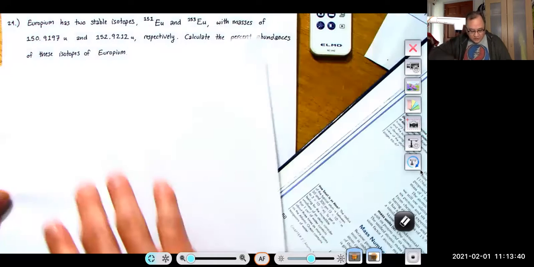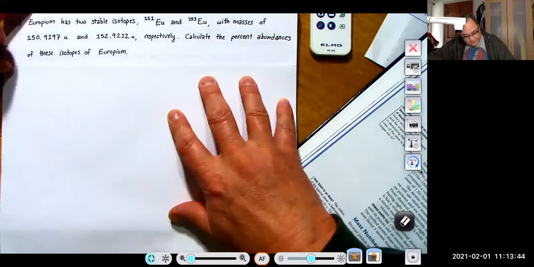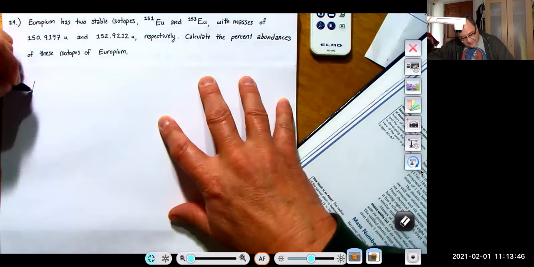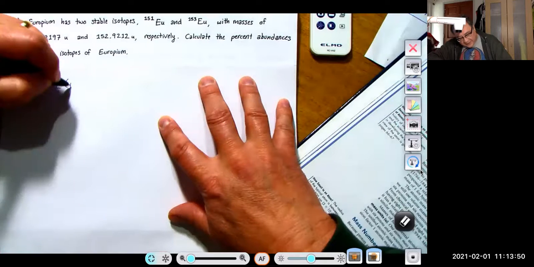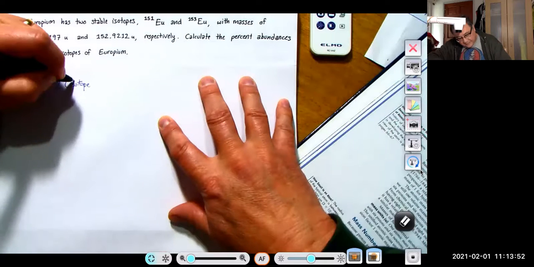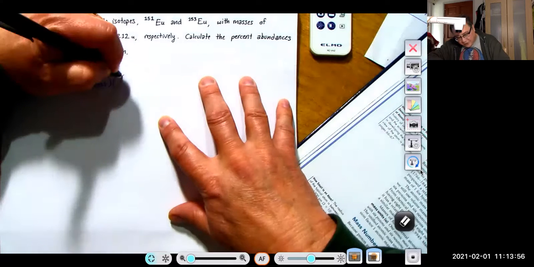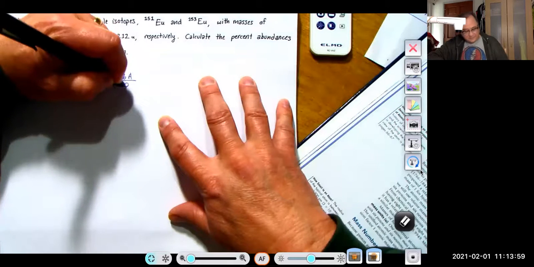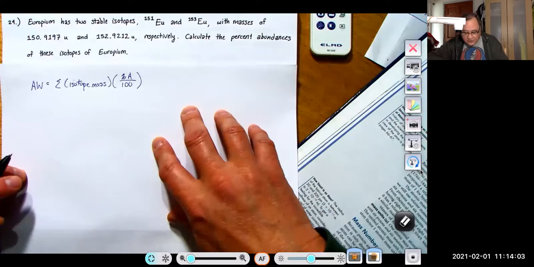So to show your work here, you would do something along the lines of this: the atomic weight is equal to the sum of the isotope mass times the percent abundance over 100. That's how we're going to start. Now, this says two stable isotopes.